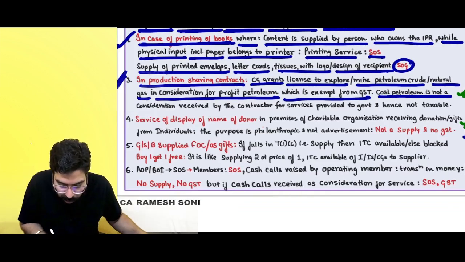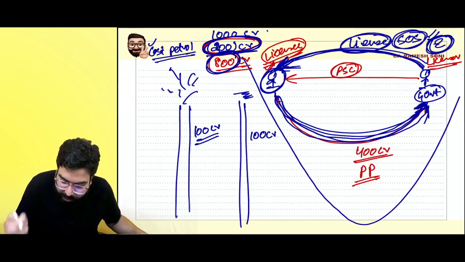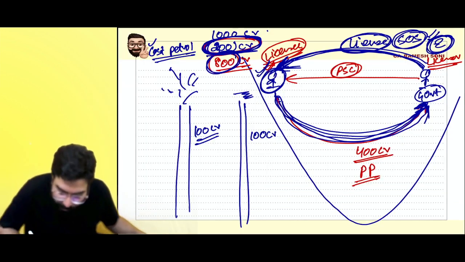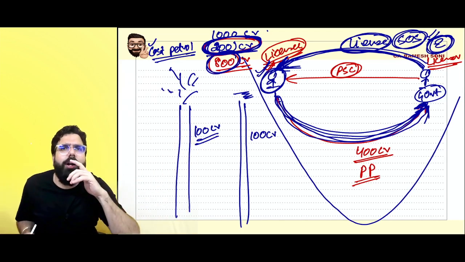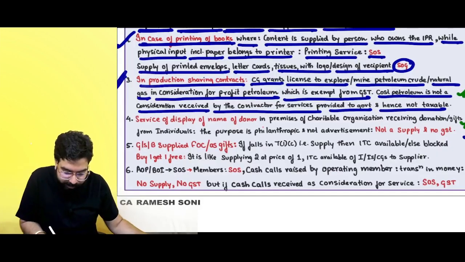Cost petroleum is not a consideration received by the contractor for services provided to the government and hence not taxable. When you have retained 200 crore rupees of petroleum, you have not given any services to the government for which the government has given you 200 crore of petroleum, and hence there will be no GST on that amount. Next.